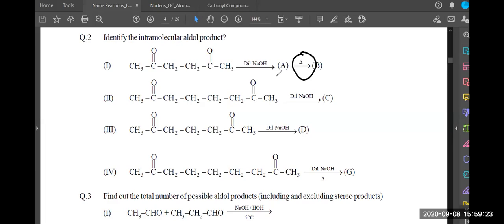Even if heat is not given, if they have removed OH in all the options, then you can consider that as your answer, because you have to solve the problem and not argue about why OH was removed.